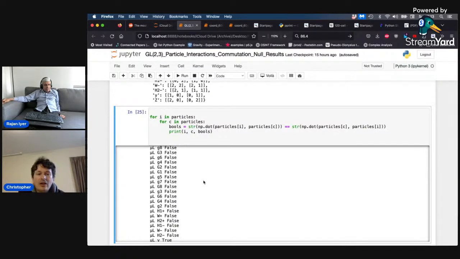So we can straight away rule out the idea of using maybe GL23 or copies of SL2Z and applying them to all the particles in the standard model, and then asking, can we use this to say whether they commute or not?